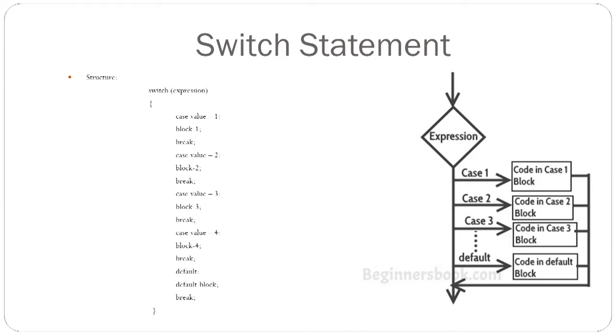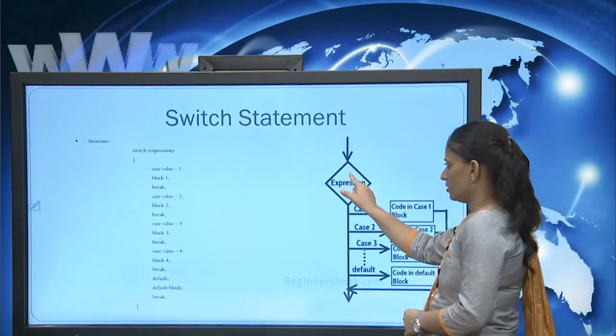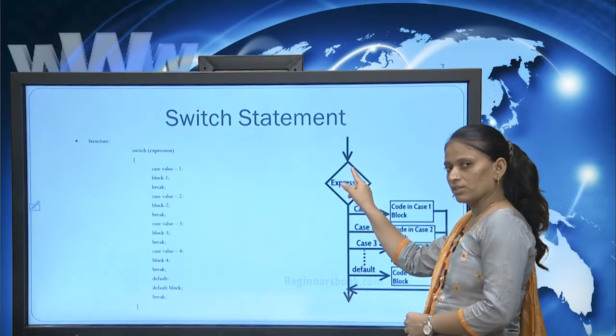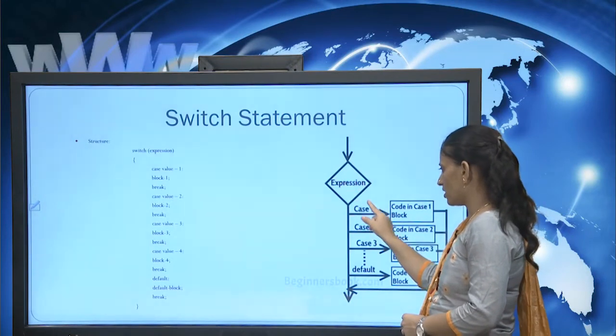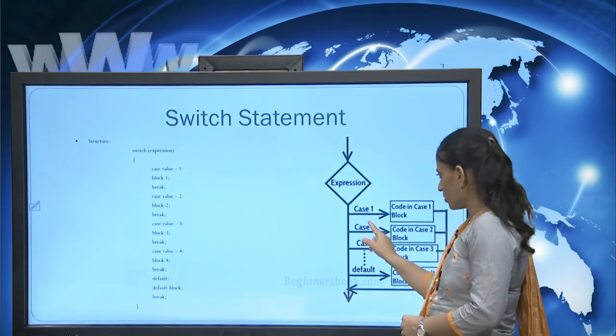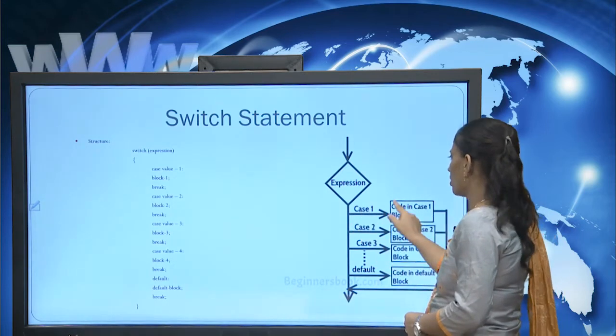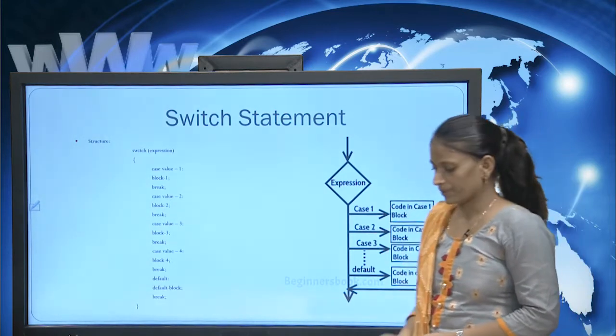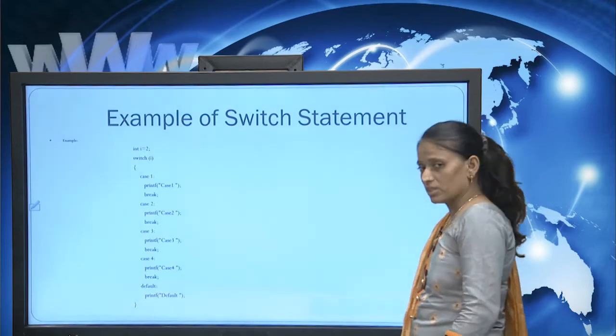On the basis of the user's choice, it defines which block of statements should be executed, and at the end the default is executed when no case within the switch statement is satisfied. So the expression will be checked to see which case it belongs to, and on the basis of that case the specific block of code will be executed. Let me show an example of a switch statement.